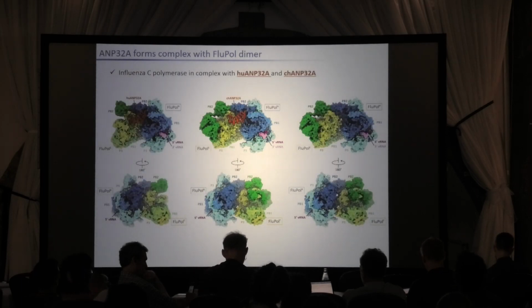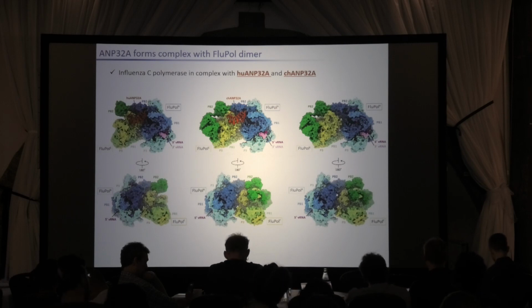So we were able to solve the structure of the polymerase bound to AMP32, and we did this for both human and chicken. And I'll go into this in more detail, but you have a heterodimer of the trimeric polymerase. And the blue one is what we're calling the replicase, and the green one is what we're calling the encapsidase.